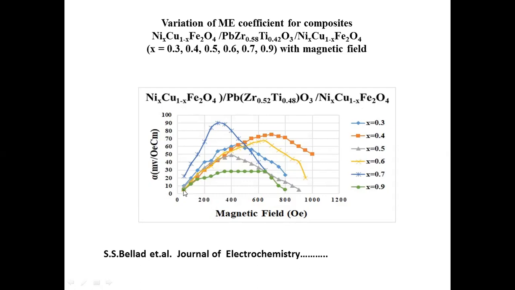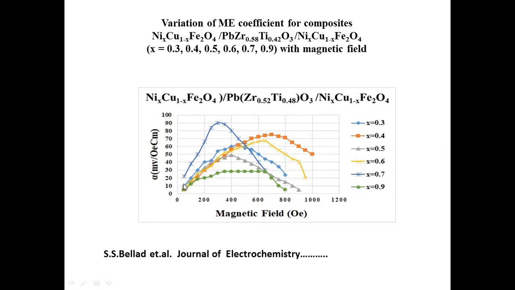So you can see here this magnetoelectric coefficient alpha increases slowly as the magnetic field is increased, and then starts decreasing. This increase in the value of the magnetoelectric coefficient is because of the increase in the ME voltage developed across the sample.